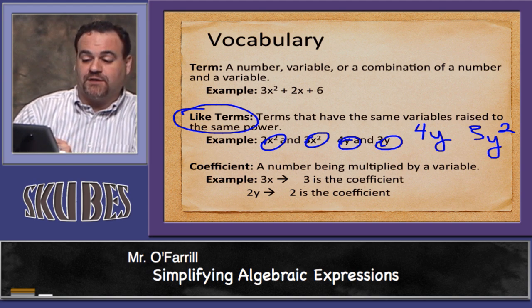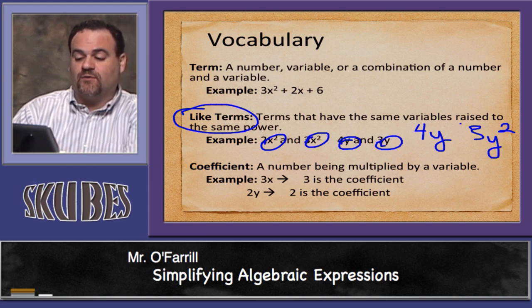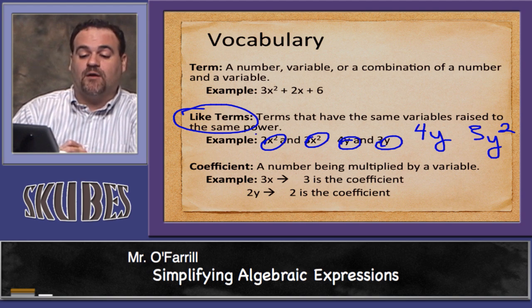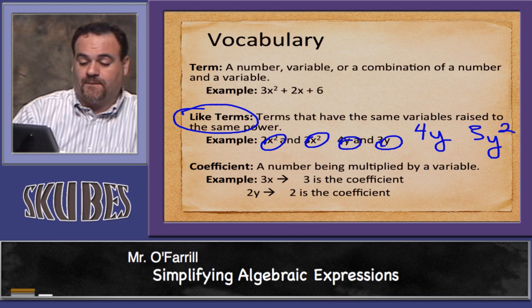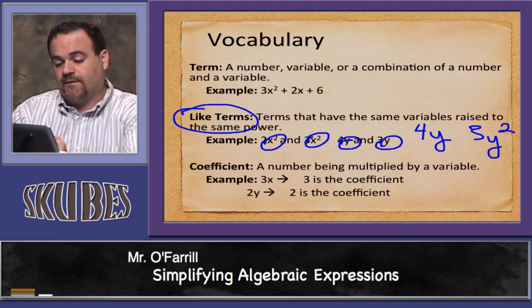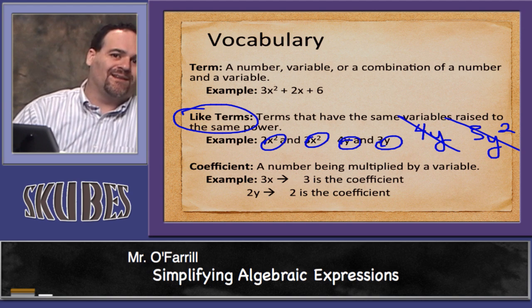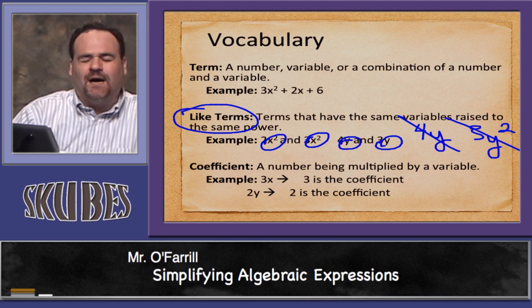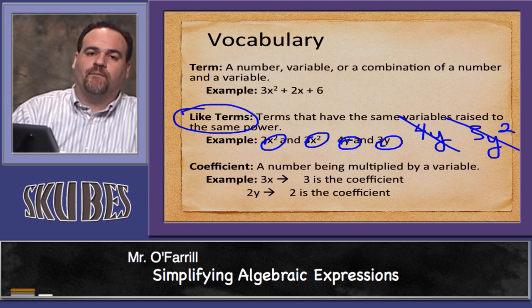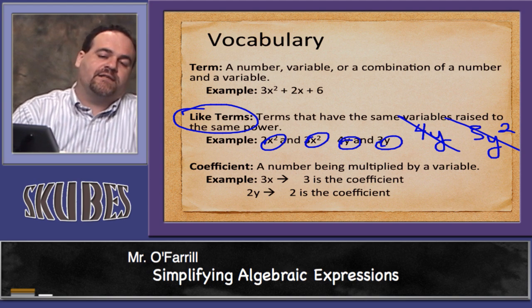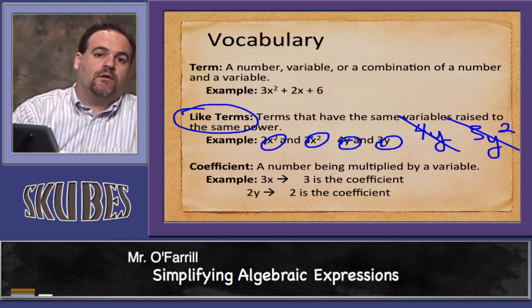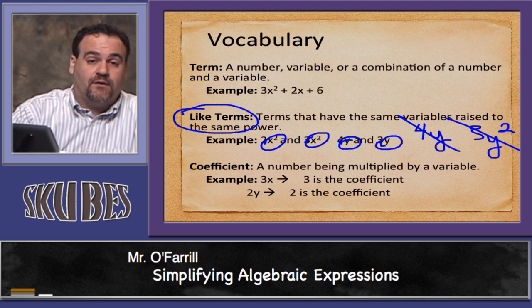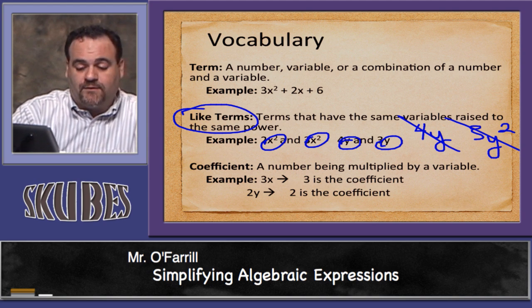And like we said in the definition, the variables need to be raised to the same power in order to be considered like terms. So 4y and 3y squared are not like terms because a y is not the same as a y squared. I'm really focusing in on that because that's something you want to be able to recognize in a moment as you look at these coming problems.